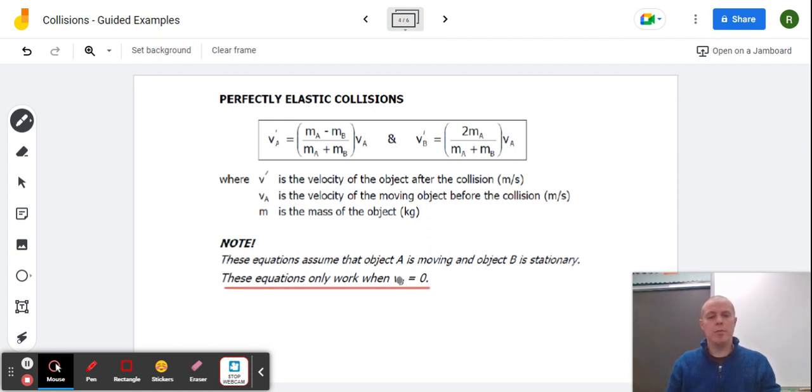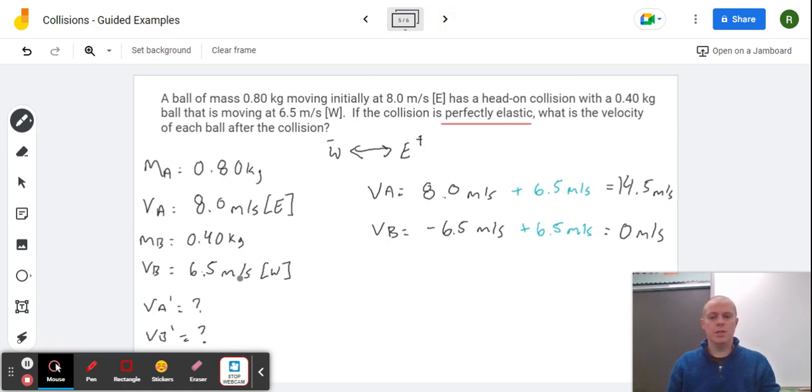So remember, they only work if VB is 0. If the second object has a velocity, we need to temporarily change it. In this case, I used my signs. East I made positive, west I made negative, so negative 6.5. I fixed that by adding 6.5, which gives me 14.5 and 0.